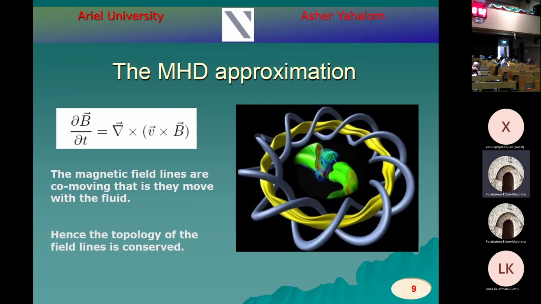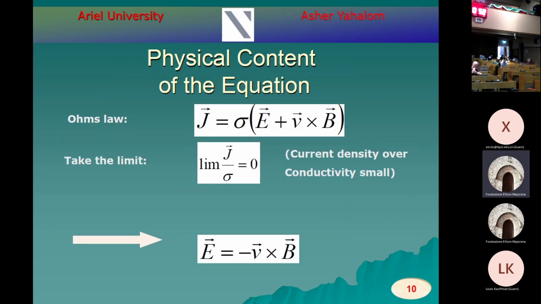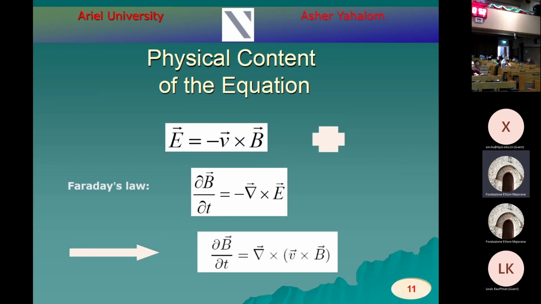The magnetic field lines are co-moving, they move with the flow, and this is, of course, very important for topology. And where does this equation come from? Well, we assume an Ohm's law, and we also assume that J over sigma is very small, so E is minus V cross B, and then you plug it into Faraday's law, which you know from electromagnetism, and you get this equation.